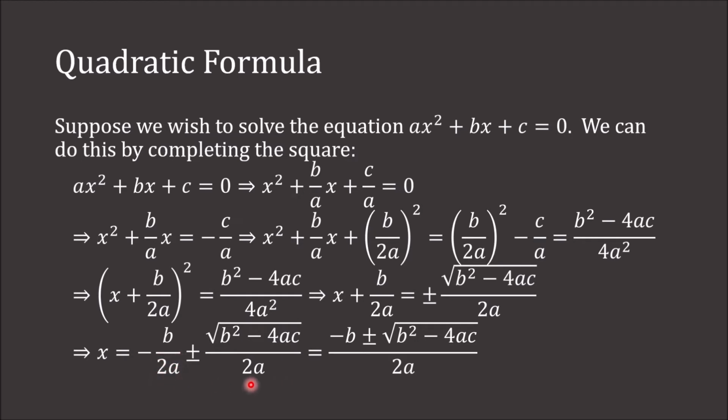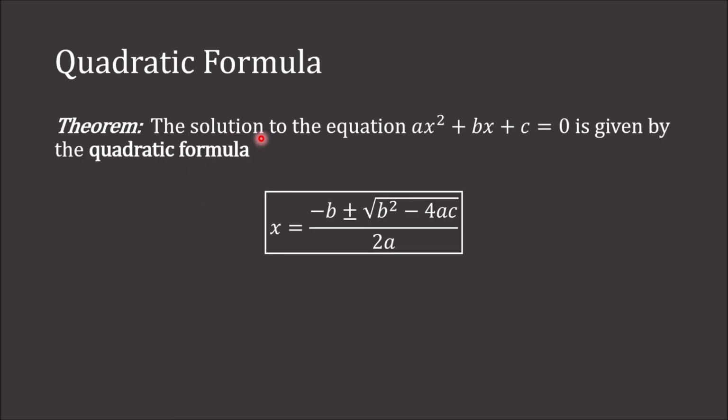These two fractions already have a common denominator, and so this gives us negative b plus or minus the square root of b squared minus 4ac all over 2a, and you should recognize this as the quadratic formula. And so the solution to the equation ax squared plus bx plus c equals 0 is given by the quadratic formula, which we just derived.